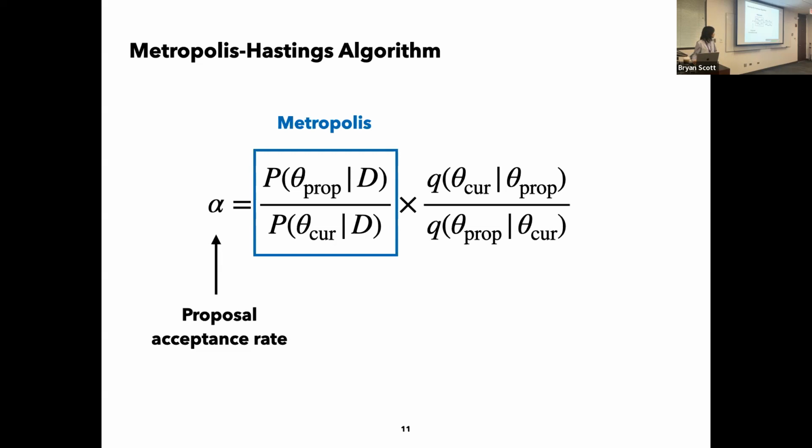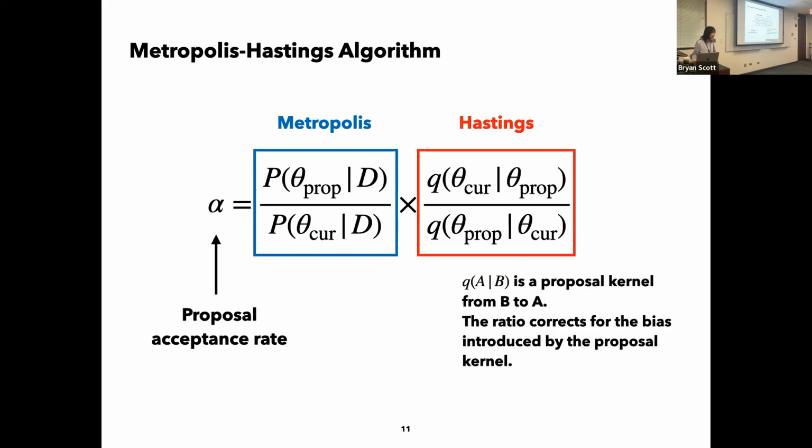So if this Metropolis parameter is greater than 1, we always accept a proposal. If it is less than 1, we accept a proposal at that ratio. That's the Metropolis algorithm. And you may have heard about Metropolis-Hastings a lot. In our coin flip example, the Hastings part is just equal to 1.